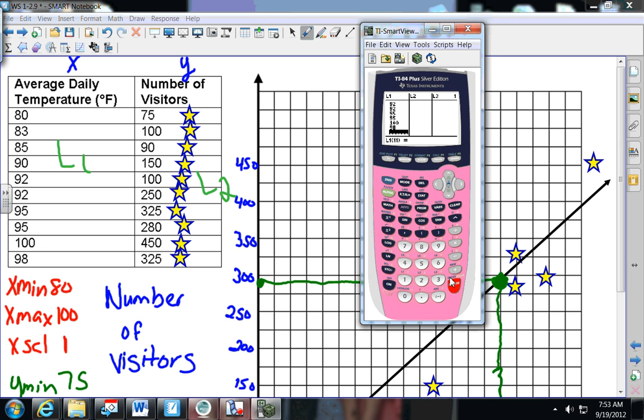Okay. Now you want to press the arrow button over to the right, and you go up to L2. Now put your numbers into L2.